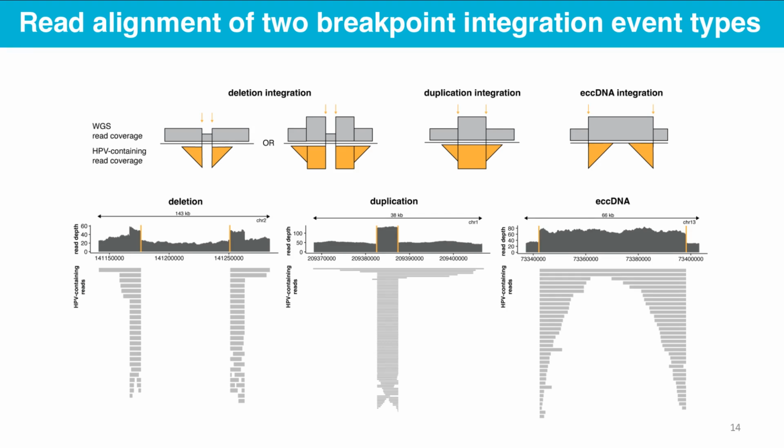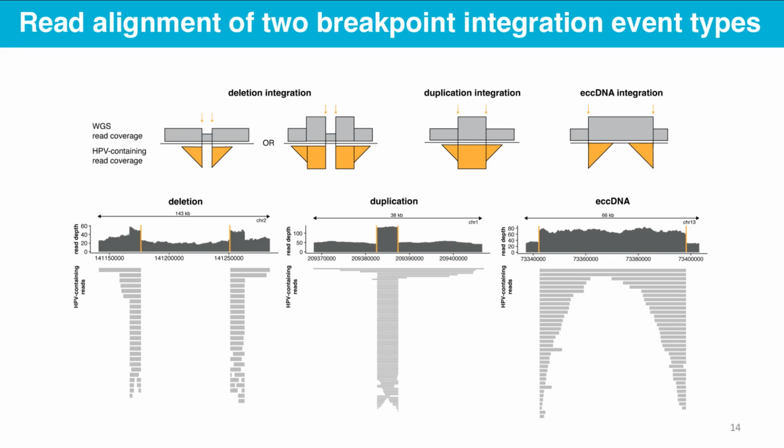So in a deletion integration, the 2 HPV breakpoints, denoted here by 2 arrows, and on the bottom in the read alignment by 2 orange lines, are the regions in which HPV gets integrated between. And you can see in the HPV containing reads that there's a break in coverage of those reads. And this corresponds to a reduction in read depth when looking at the read coverage of the whole genome sequencing.